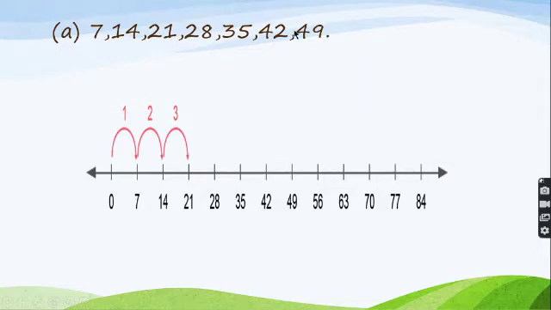So you write 49 here, and it means 7 hops of 7, or 7 groups of 7, is equal to 49. So you can complete your missing numbers by using the number line.